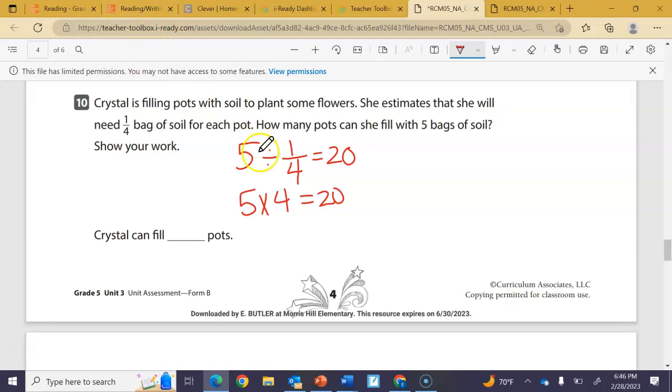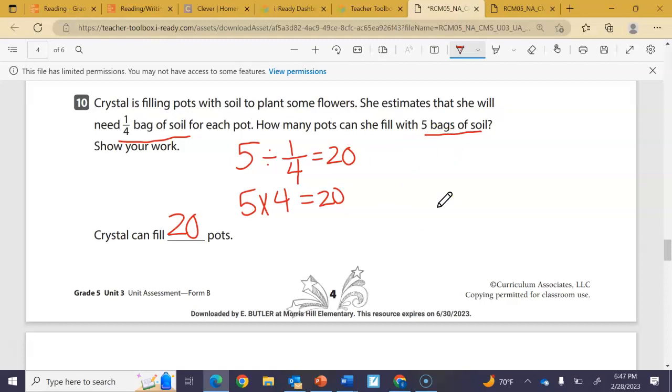All right, so I divided my 5 bags of soil by my 1/4 bag of soil, because it'd be 1/4 of soil per pot. So I'm going to have 20 pots total. Like I said, one way was to keep writing out 1/4, but it does not work out the best.